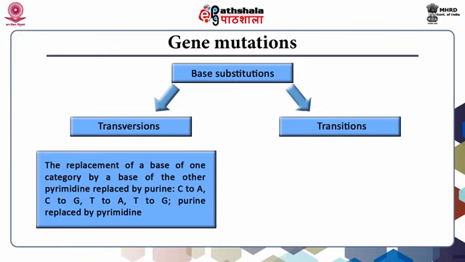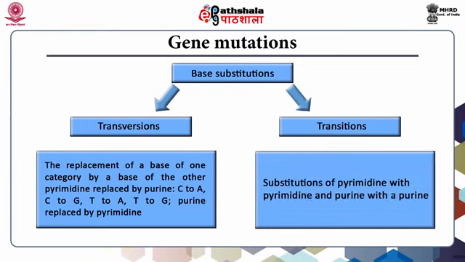For instance, pyrimidine replaced by purine, C to A, C to G, T to A, T to G, or purine replaced by pyrimidine. The second subcategory of base substitution is transitions. In this case, a pyrimidine is substituted by a pyrimidine only, or a purine by a purine only.